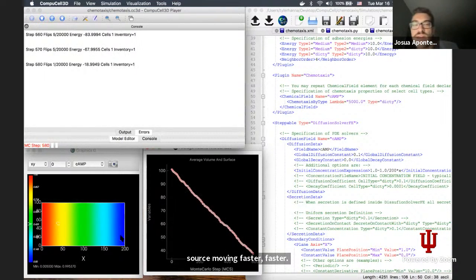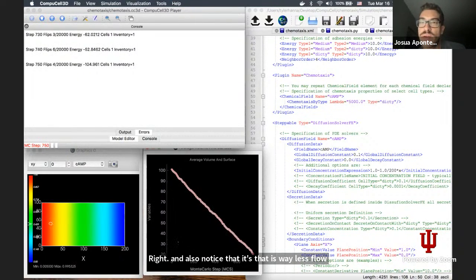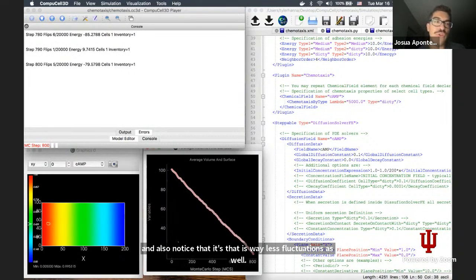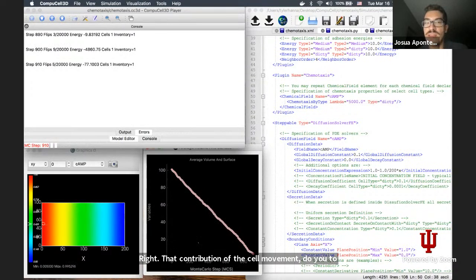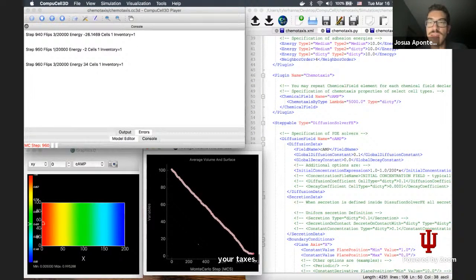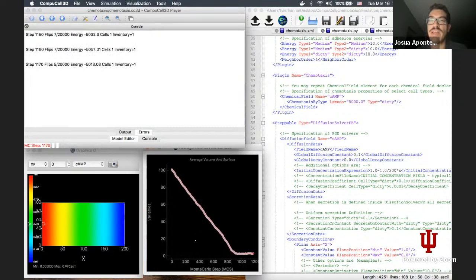And also notice that there are way fewer fluctuations as well. The contribution of the cell movement due to chemotaxis overtakes the movement due to the membrane fluctuations, and then you see less variability in how the cell moves through the gradient.